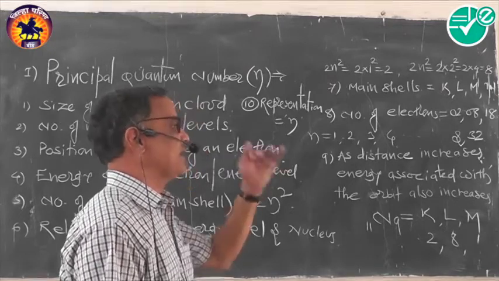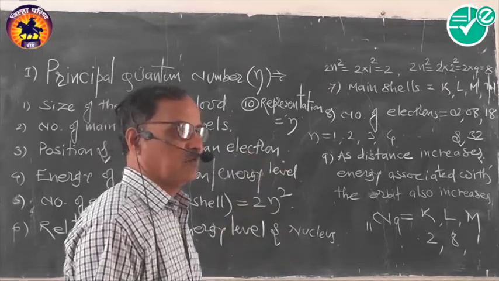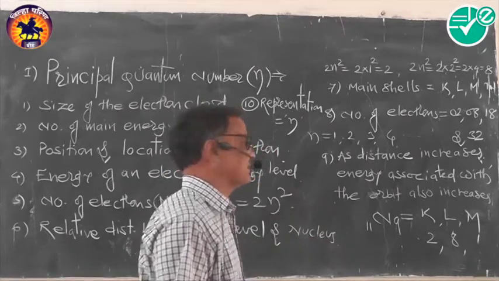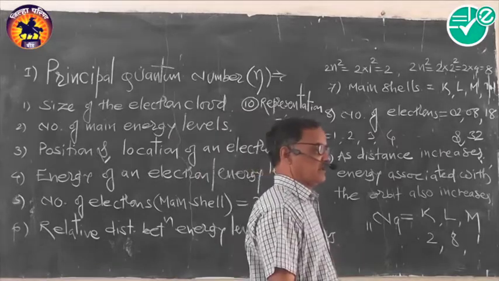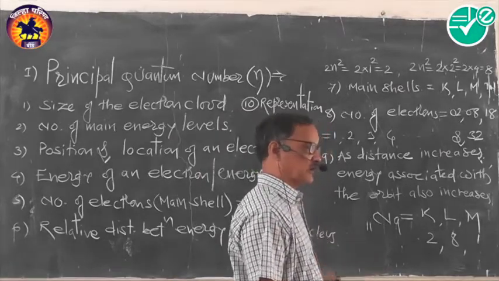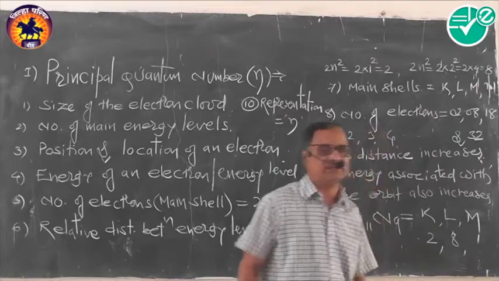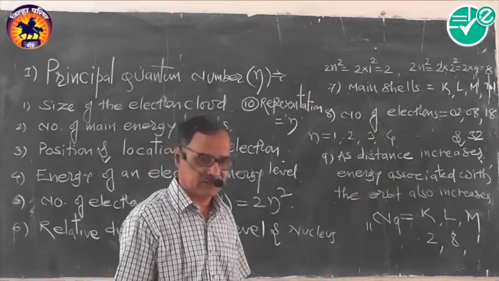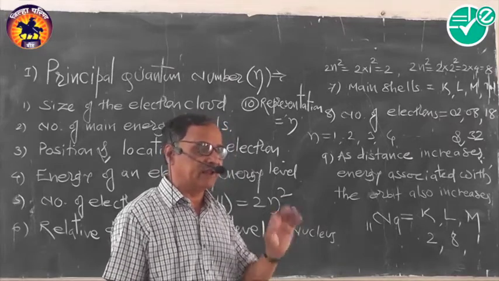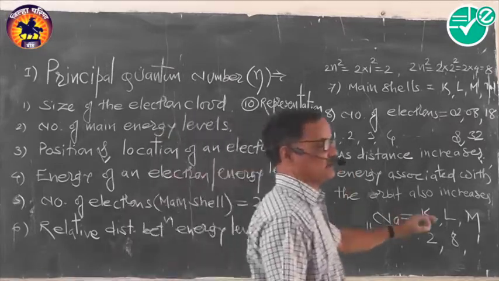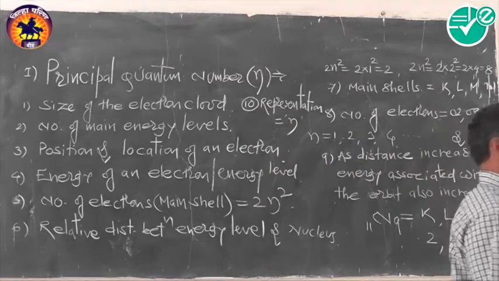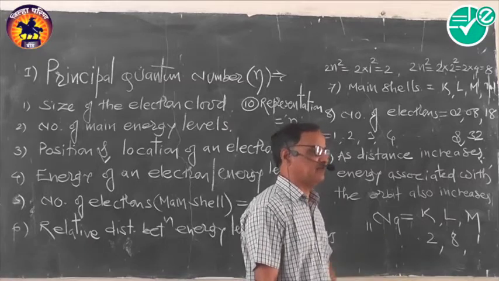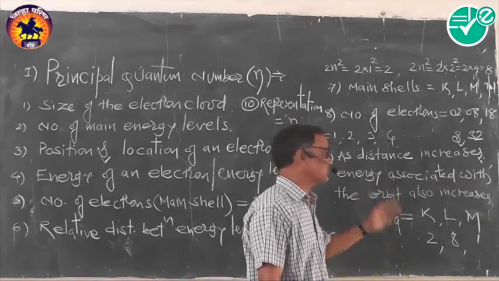and these main energy levels are away from the nucleus. The nearest main energy level is called K, which has a capacity of 2 electrons, and the outermost energy level is N, which has a capacity of 32 electrons. So the energy of the main energy level N is maximum, and the energy of the main energy level K is minimum because of the presence of 2 electrons.